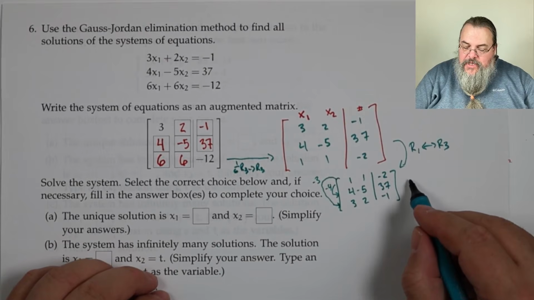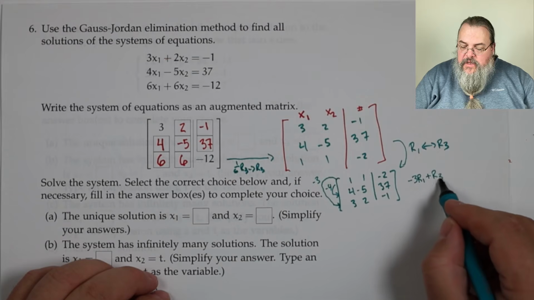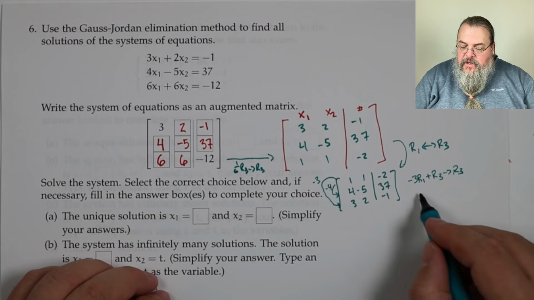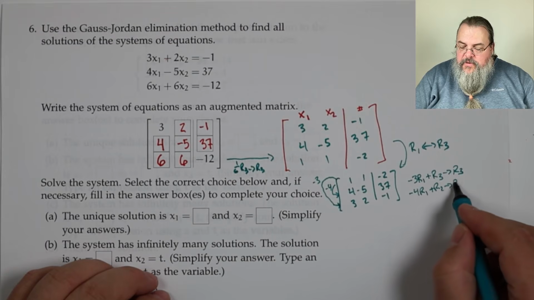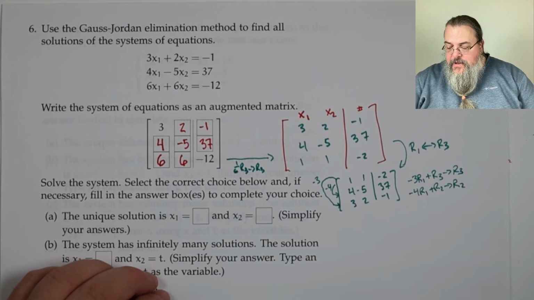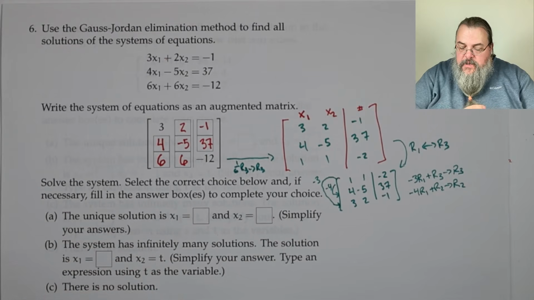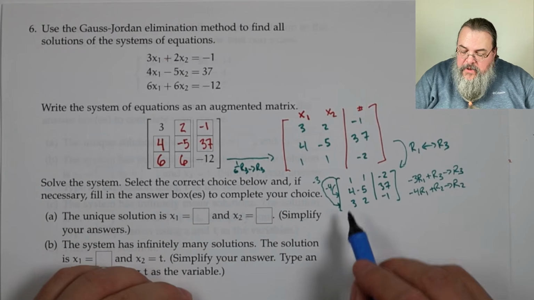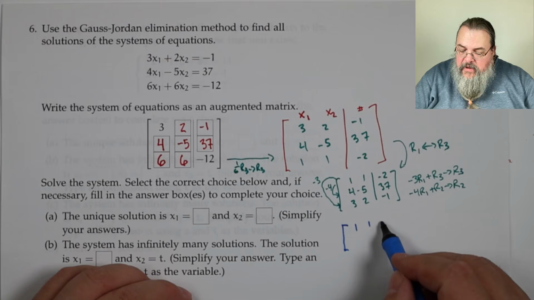So our notation here, -3 row 1 plus row 3 becomes our new row 3. -4 row 1 plus row 2 becomes our new row 2. And if we do all of that, what will we have? We'll have the following. Row 1 stays as is.